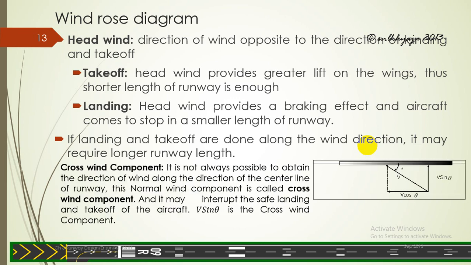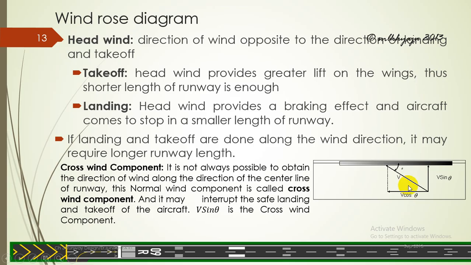It is not possible to obtain the wind direction along the direction of runway. So for example, in this case, this is a certain intensity of wind V blowing at airport at an angle of theta with center line of runway.